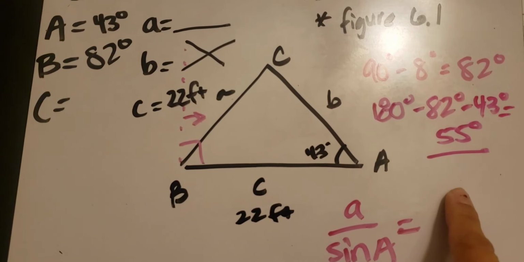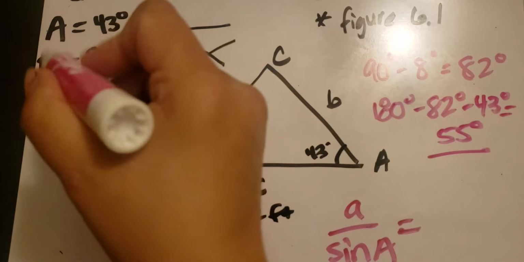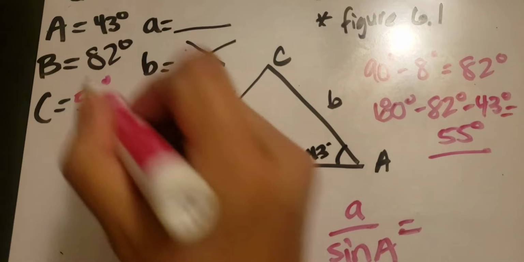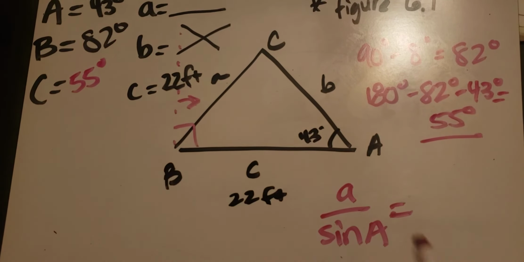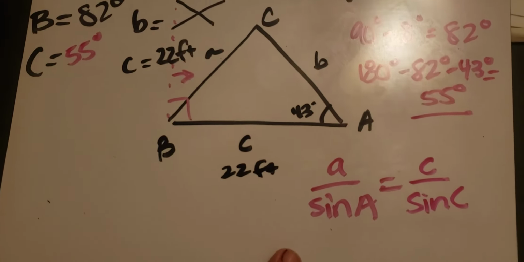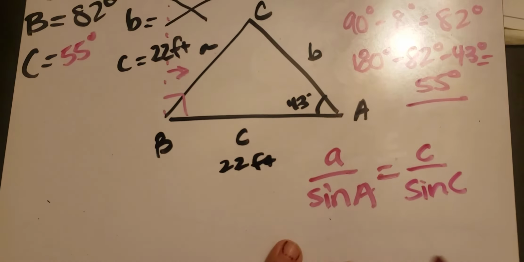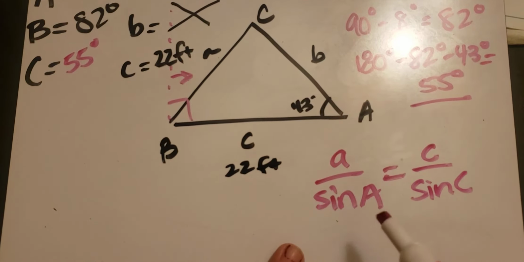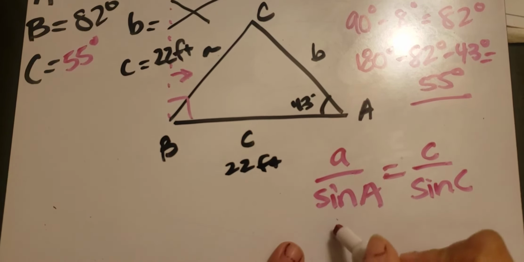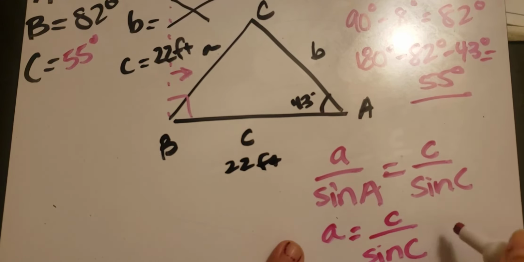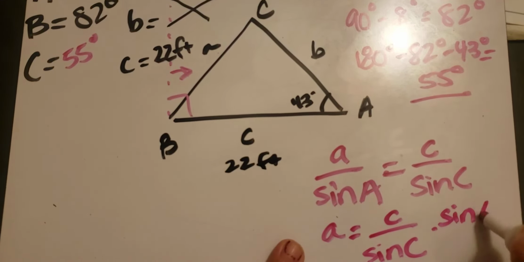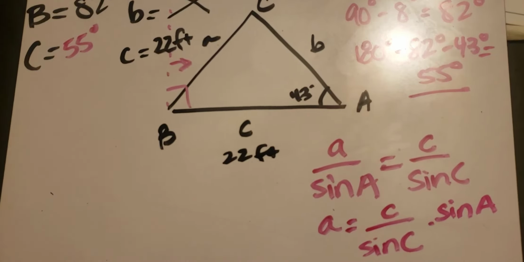So 55 is angle C, and I'm going to put 55 here. Now that I have angle C and side C, I'm going to use C over sine of C. This is the ratio, or proportion, that I'm going to use. I'm looking for A, so A is going to be here, and then we have C over sine of C times sine of A.